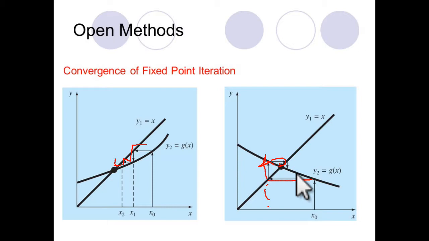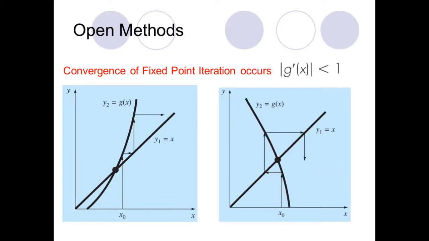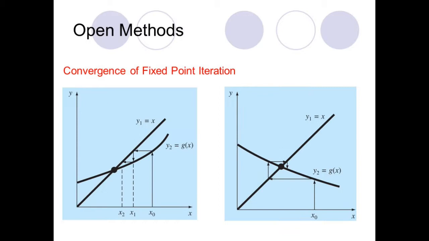Now if you look at the slope of g of x, you see that the absolute value is larger than 1, and as a result we say that convergence of fixed point iteration occurs only if the absolute value of the slope of g of x, the derivative of g of x, is smaller than 1.